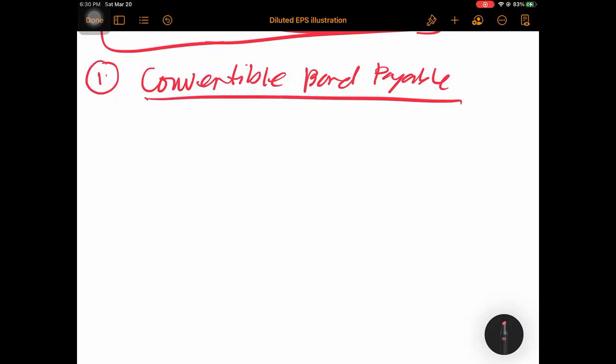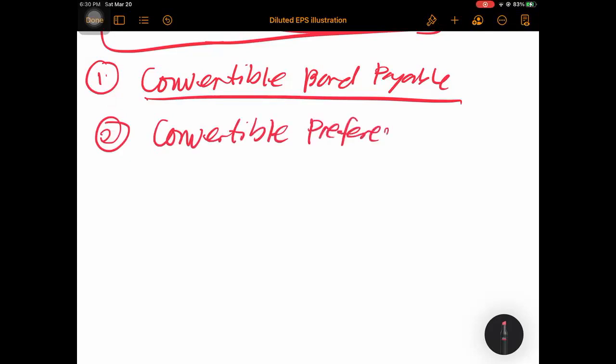That's why it is considered a potential ordinary share. Second, you have convertible preference shares. The preference share can be converted into ordinary shares.